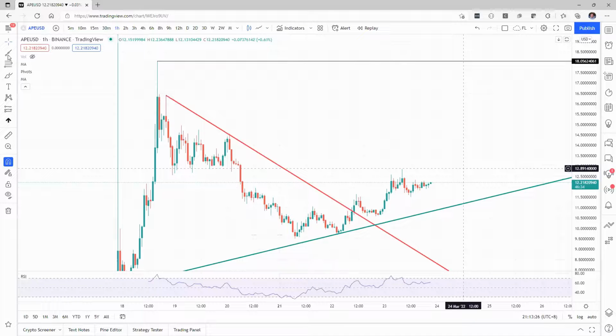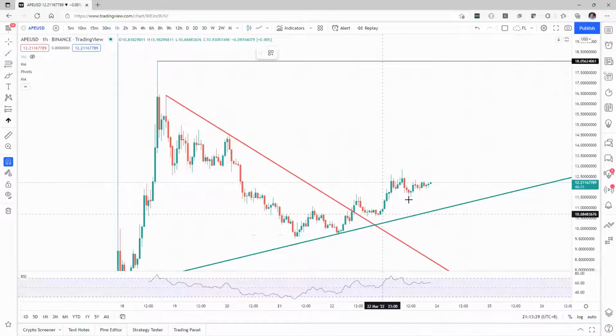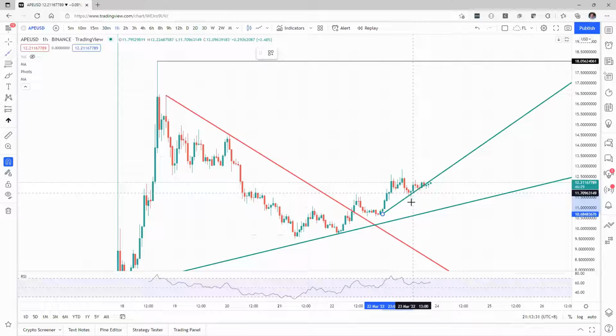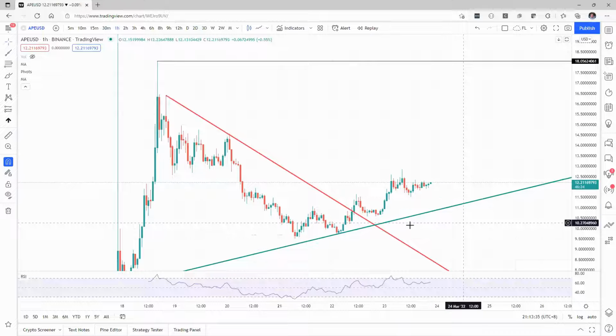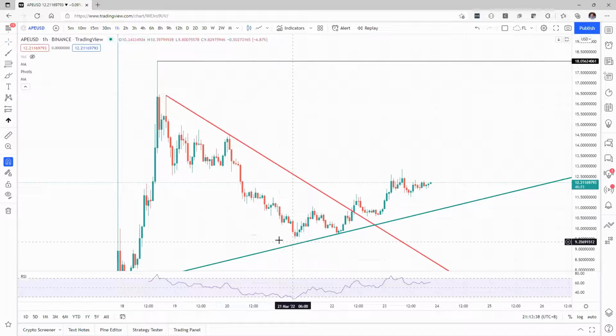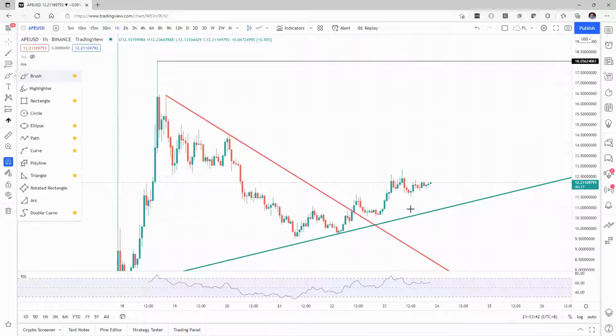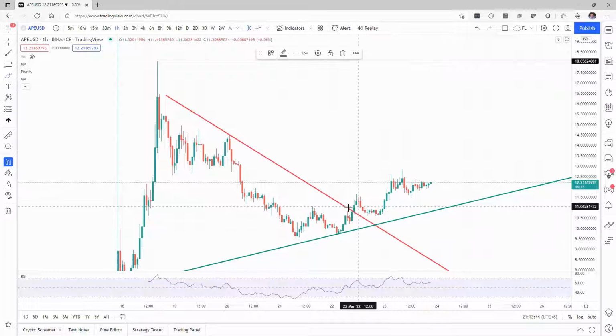So as you can see, intersection of descending and ascending, and the most important thing that I want to encircle is the fact that over here we have had a very solid handover with a break above, but we got a close below, and then the next day the price opened just above that red descending trend line.